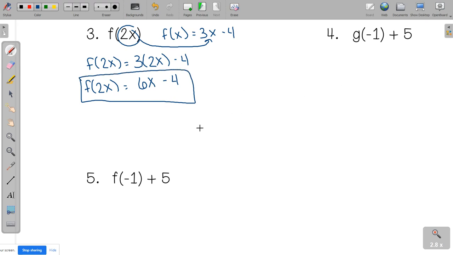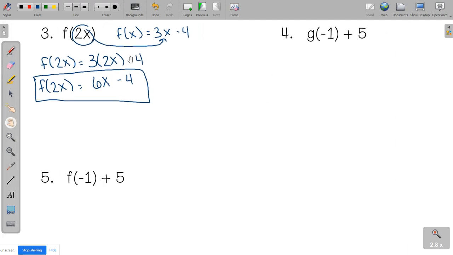Number 4, we are dealing with the g function. So let's rewrite the g function. g of x is equal to 2x squared minus 3x. So this says we have g of negative 1. We're going to solve that and then just add 5 to the end of it.